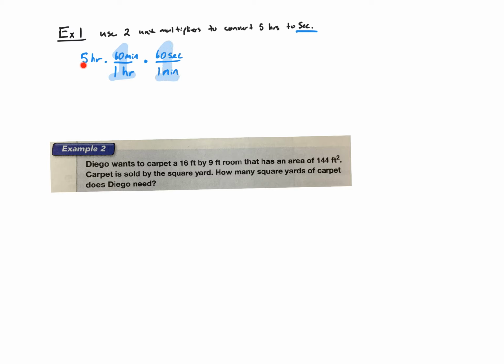So I'm multiplying 5 hours times 1 times 1, so it's still going to be the same thing as 5 hours. But what's going to happen is that things are going to reduce with each other. So the hours is going to reduce with hours, the minutes is going to reduce with minutes, and the only units that I have left now are these seconds. So on the denominator, I have a 1, a 1, and a 1.